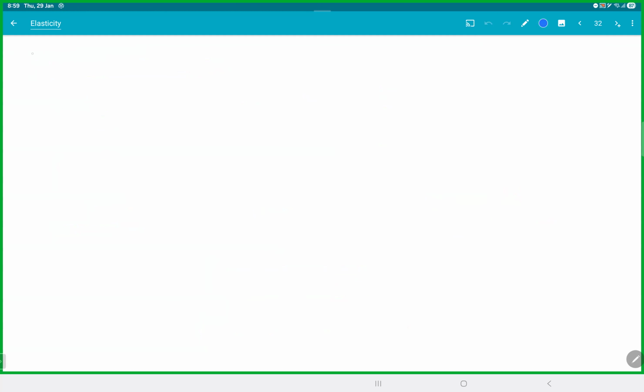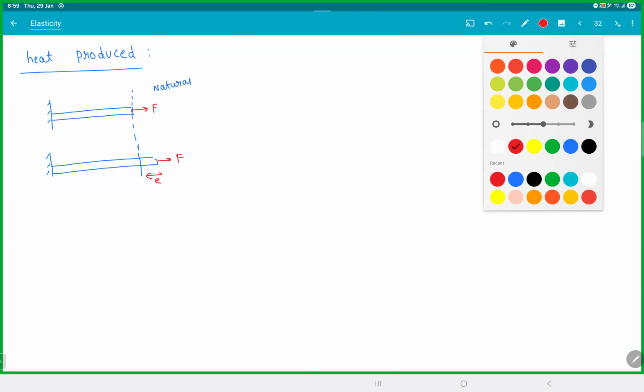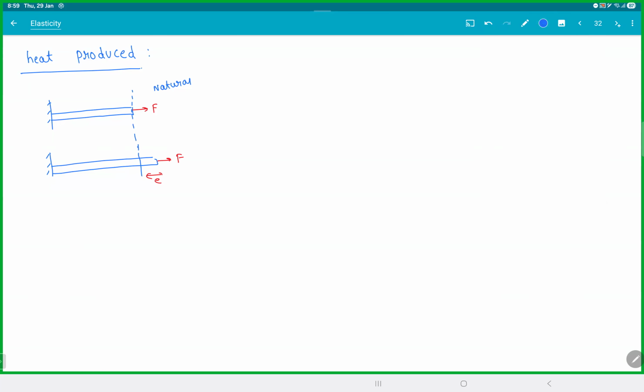There is some heat produced actually here. Now, when you look at that scenario, when we took the rod initially at the natural length, and then finally when the rod has become like this, in equilibrium, you have moved by a distance e and you're applying a constant force F. So work done by external force is force into displacement of the point of application of force.